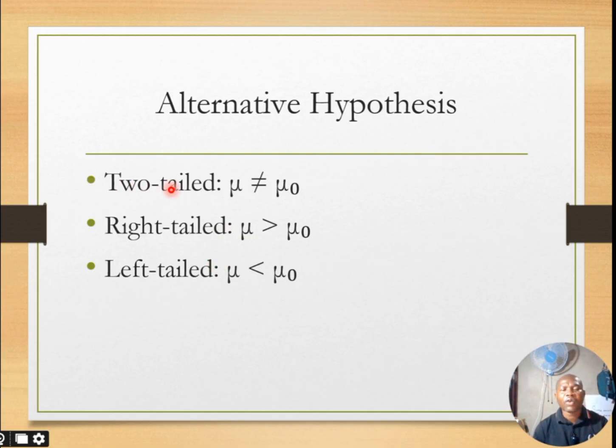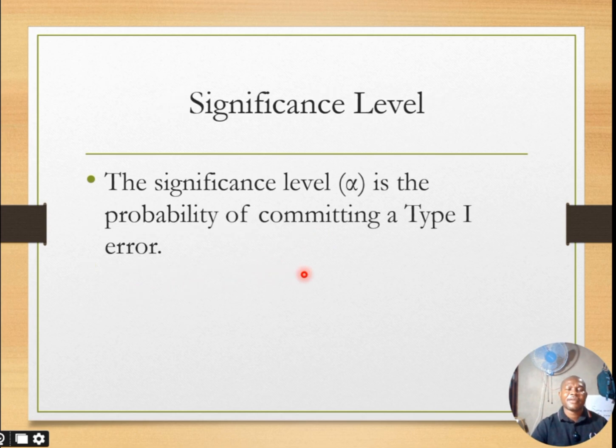Number one, we could have a two-tailed statement of the alternative hypothesis, which says that the sample mean is not equal to our hypothesized mean. We could also state it as our sample mean is greater than our hypothesized mean. While the left tail could also be stated as our sample mean is less than our hypothesized mean.